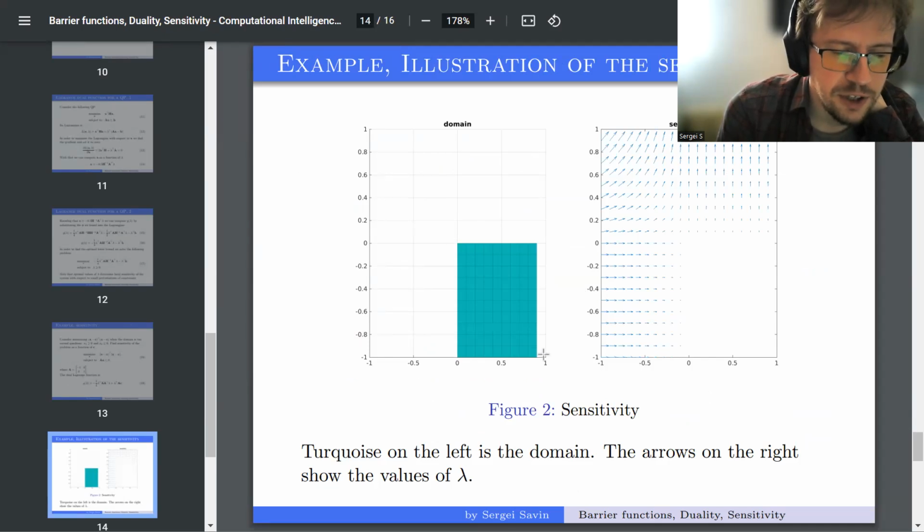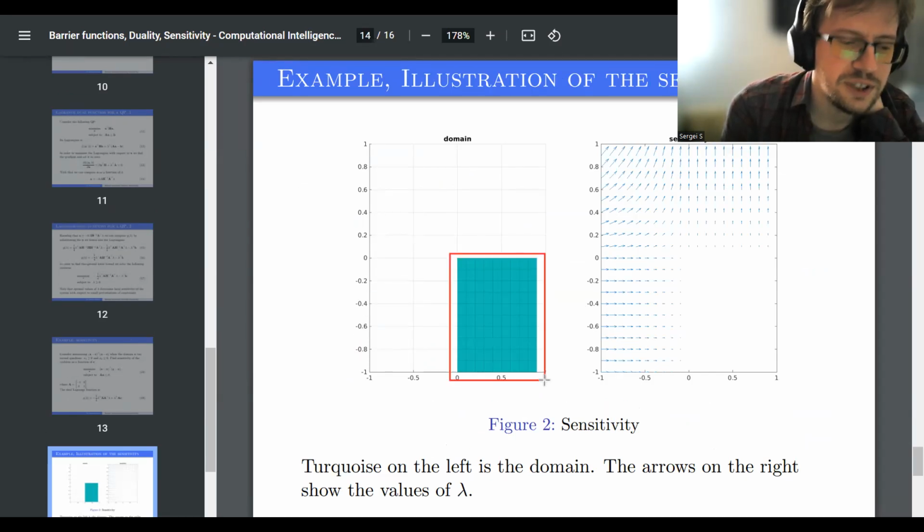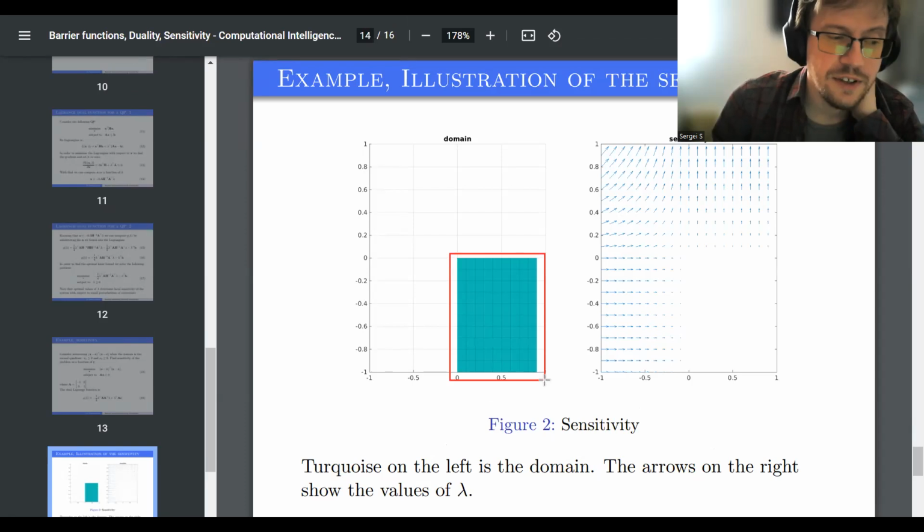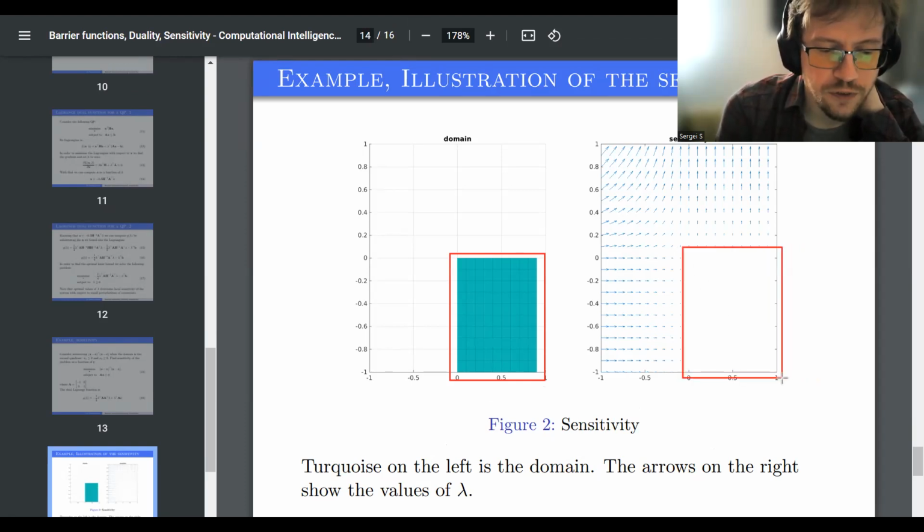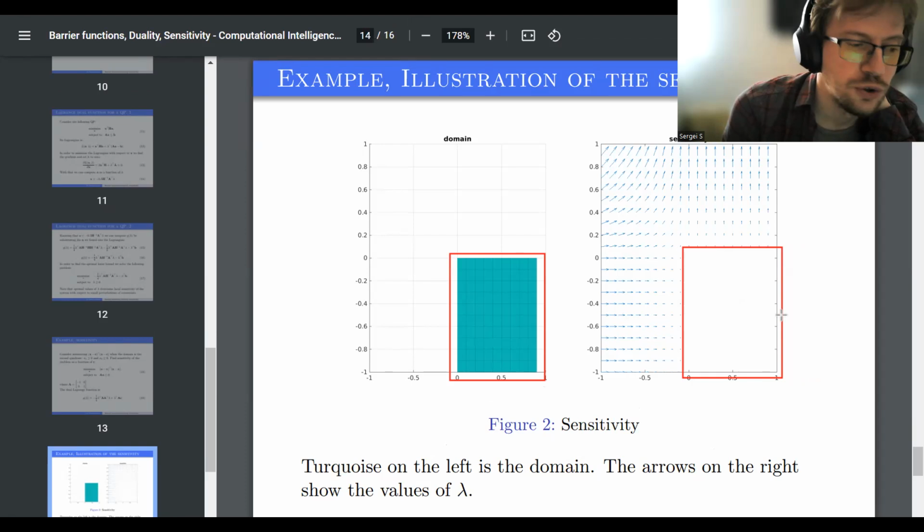This is our domain, the second quadrant. Everything in the second quadrant is our domain. Here are the possible positions of C. If C is in the second quadrant, sensitivity is 0, so our solution is not sensitive to the constraints at all.